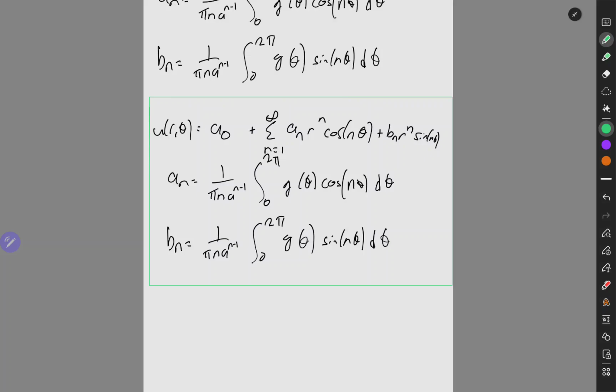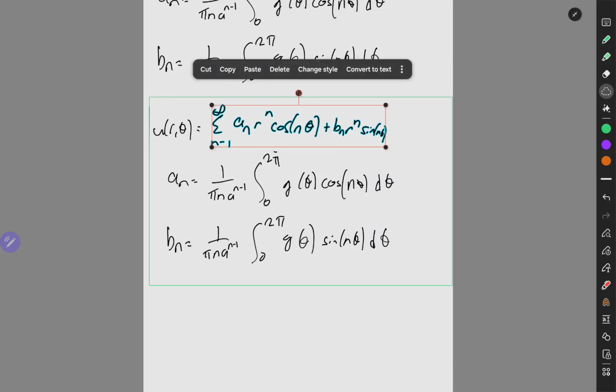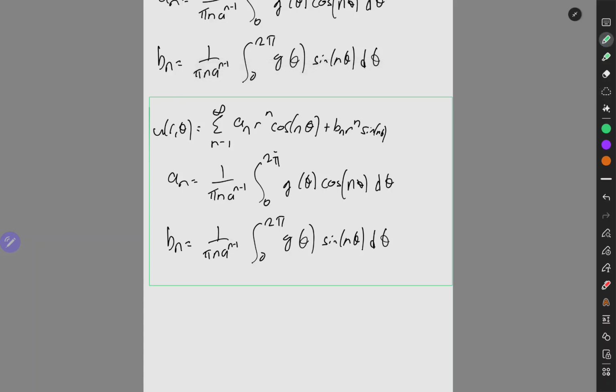Let me just double check that. Oh, a sub naught is 0, so we can just get rid of that term. So there it is. There's a solution.